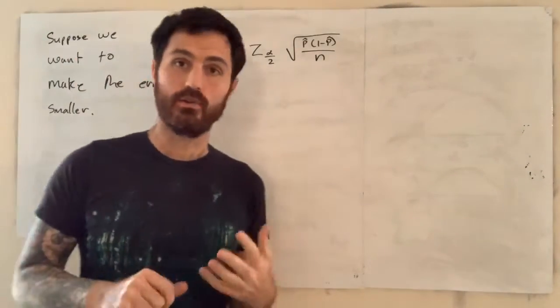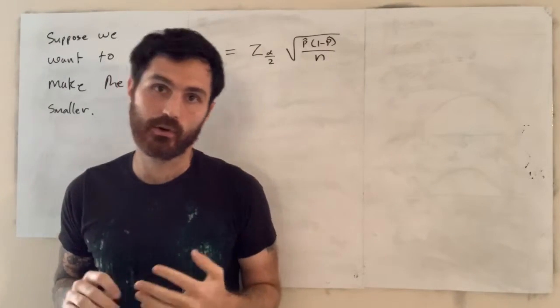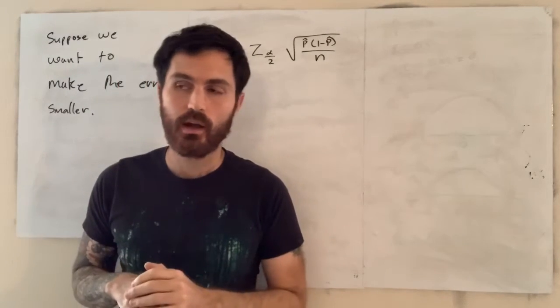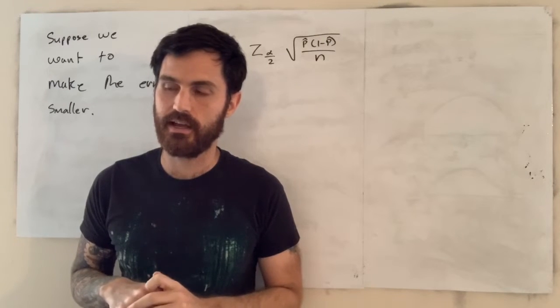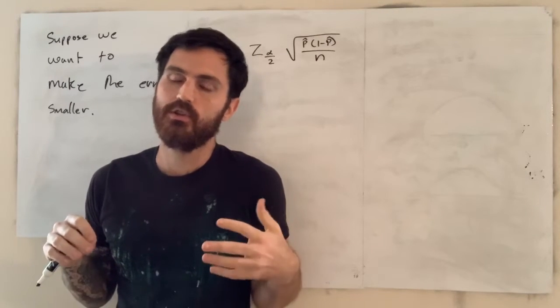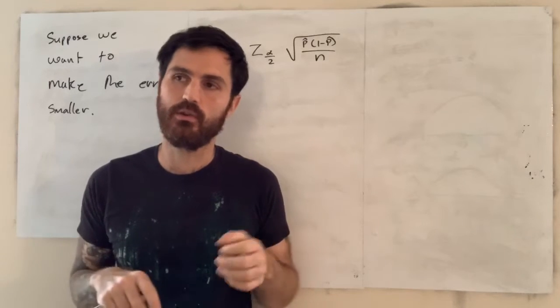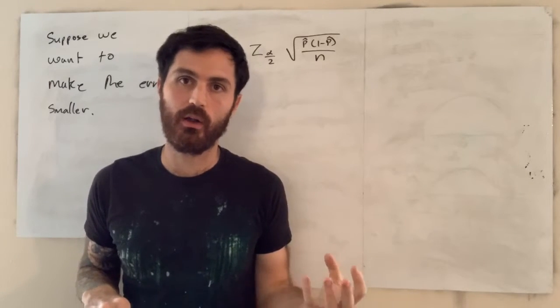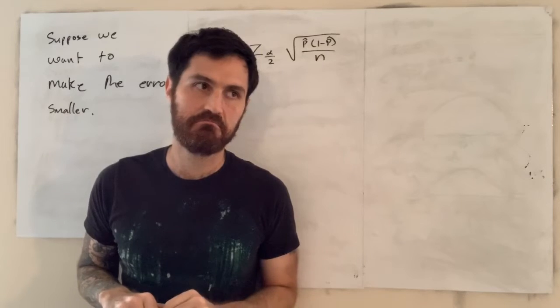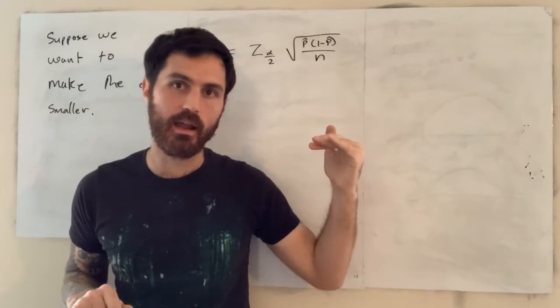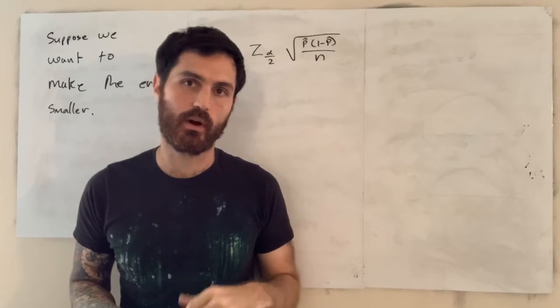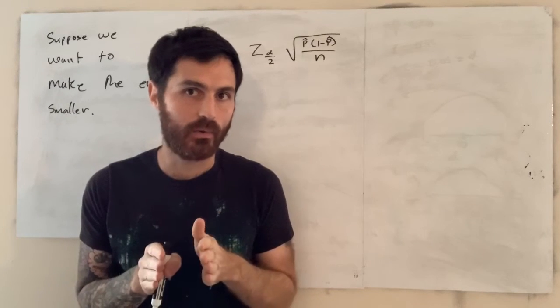Well, one way to do this is to lower your expectation of confidence. Because this is a lot like saying, if you just don't want as much confidence, you can use a smaller ball to try to hit your target. Maybe that's not ideal. Maybe you want to keep your confidence high and you want to keep your error small.